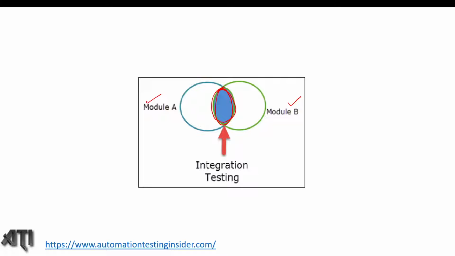Unless we provide username and password and click on submit, we won't land on the home page. So that is the integration between the login page and the home page.